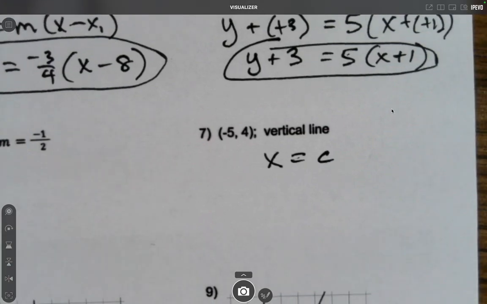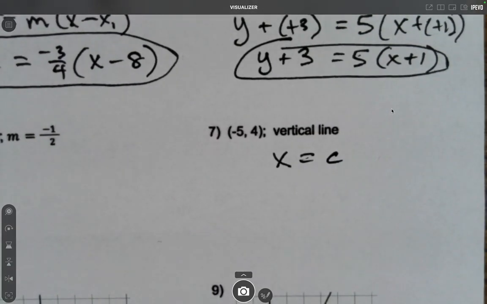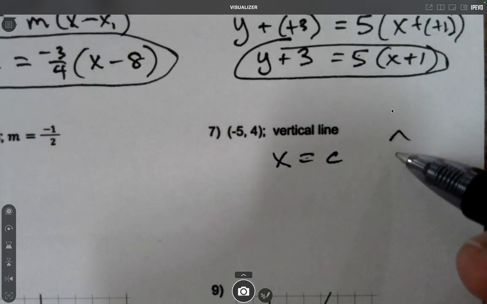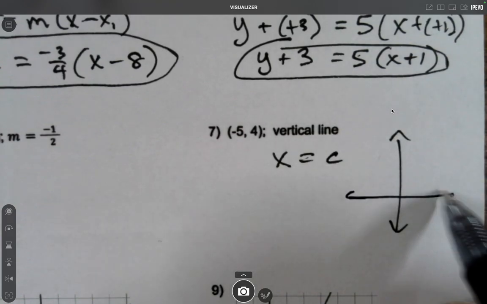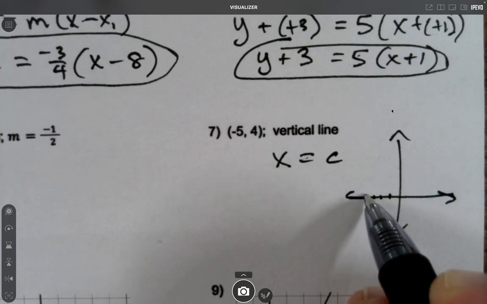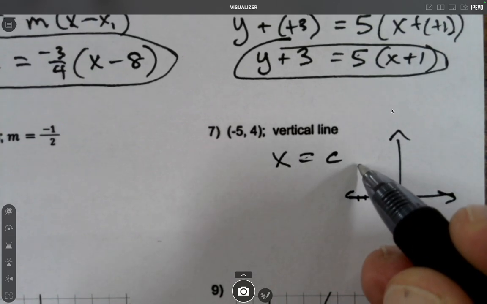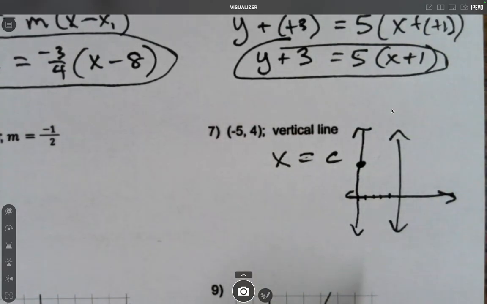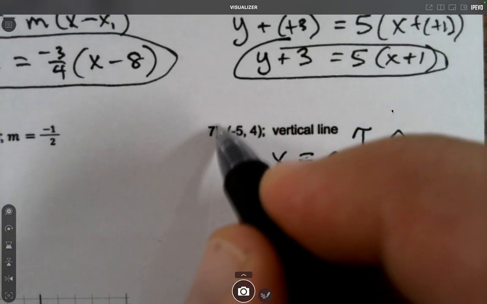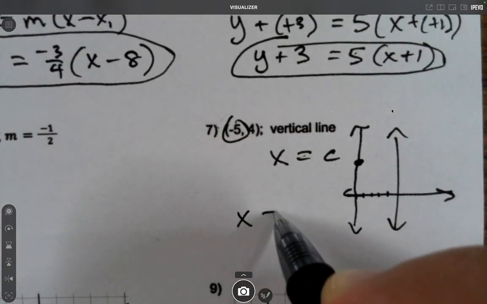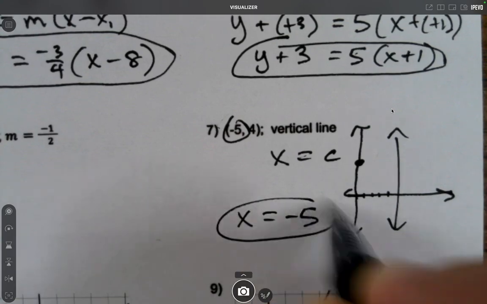C being whatever value x is always equal to. So if this is a vertical line, and we know it passes through the point negative 5, 4. So 1, 2, 3, 4, 5, and up 1, 2, 3, 4. So we know it hits this point, and it's a vertical line. Well, we know what x is equal to. It tells us right there. So this equation is simply x equals negative 5.